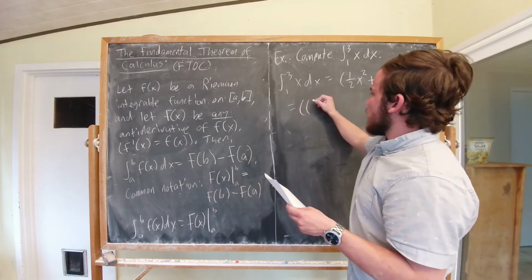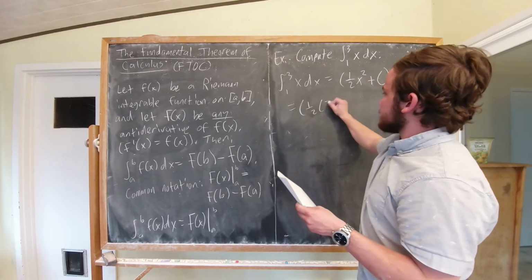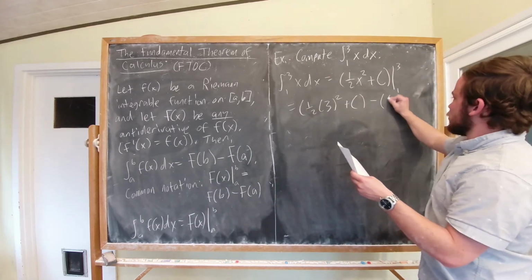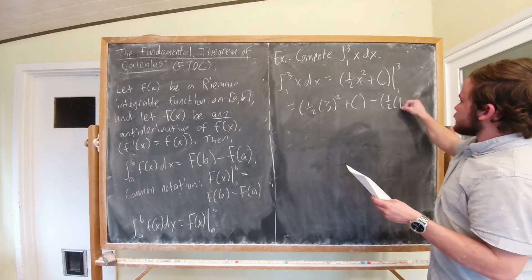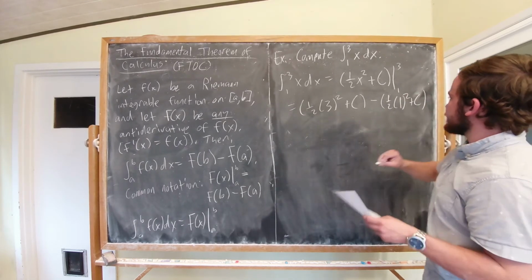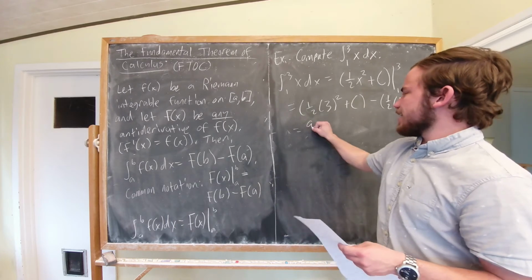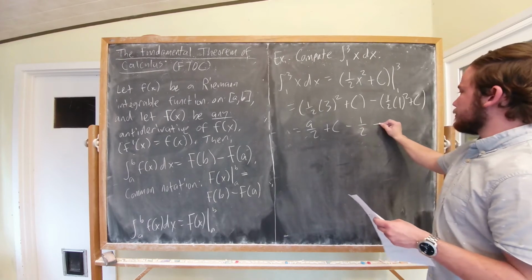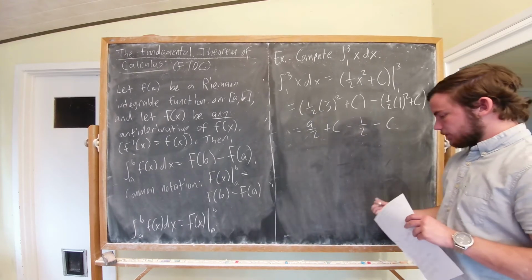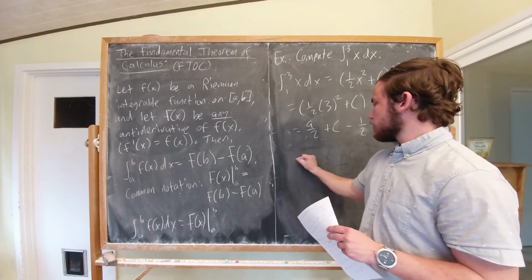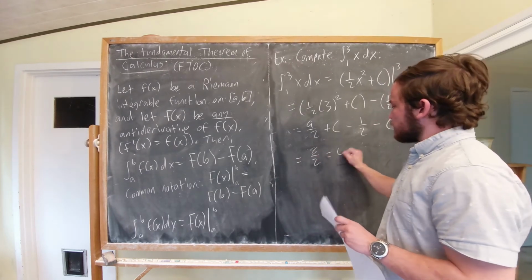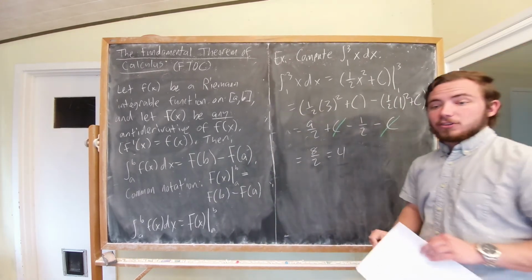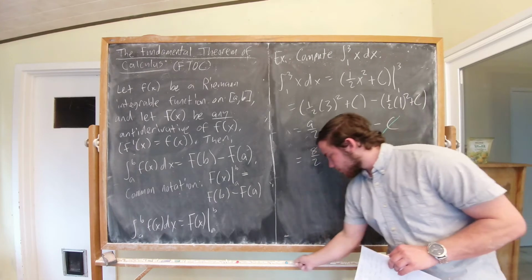Or in other words, we have 1/2 times 3 squared plus c minus 1/2 times 1 squared plus c. That's 9/2 plus c minus 1/2 minus c. Or in other words, 8/2, because those c's cancel out with each other.